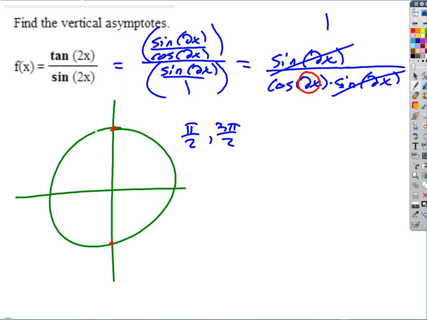How do I say an odd integer? How do I say an even integer? If n could be any integer, 1, 2, 3, 4, -1, -2, how do I say an even integer? Okay, it's a good suggestion, but if I say n pi over 2, look at the problem we have.